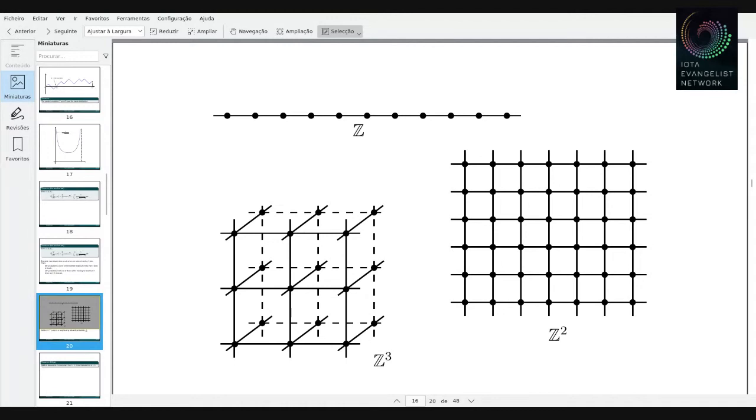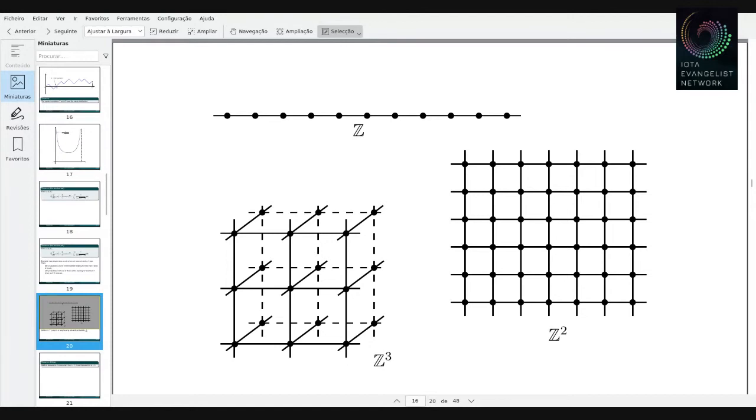Now, the basic question that one may ask about random walks is the question of recurrence or transience. We say that the random walk is recurrent when it just keeps returning to the same position.